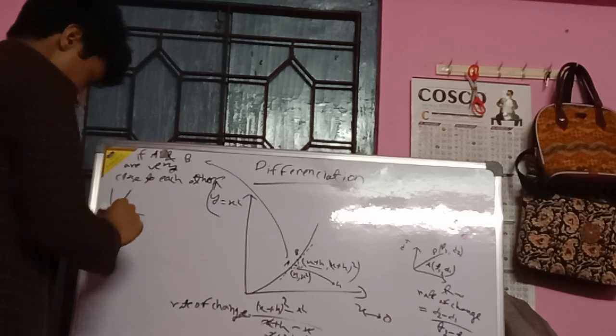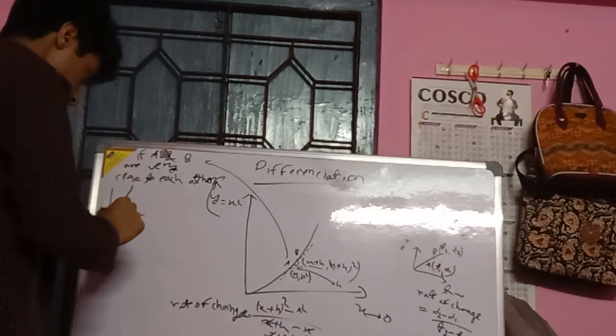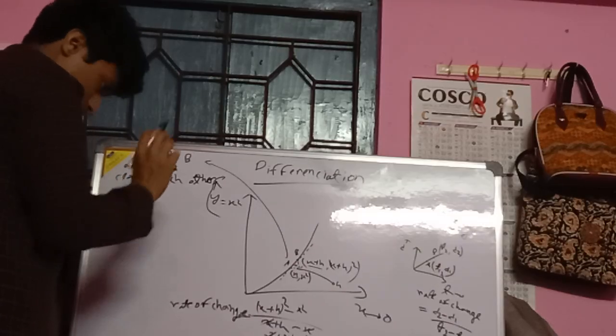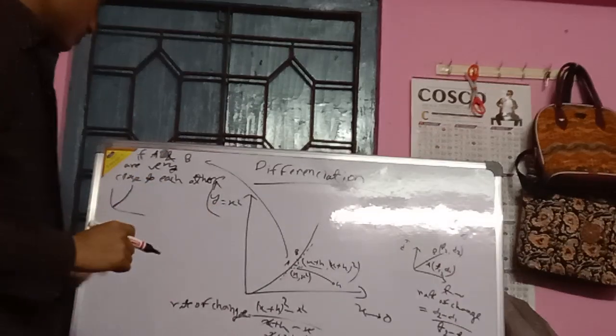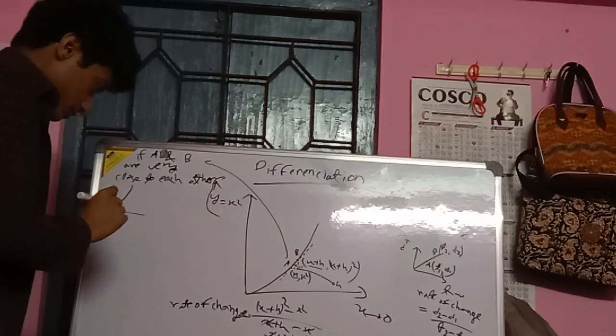Sorry, it's not a straight line. This is a curve. So if these two points were very close to each other, the graph would look something like this.